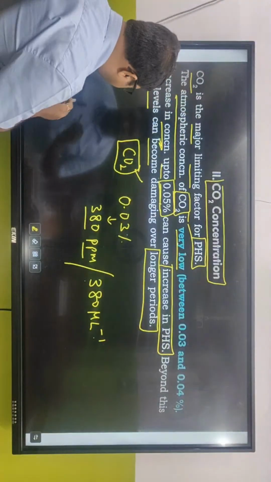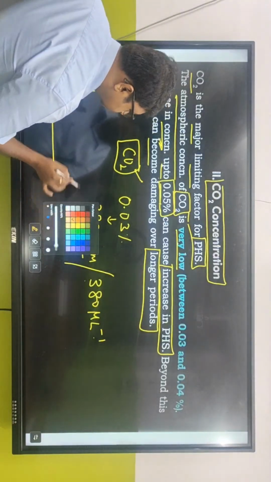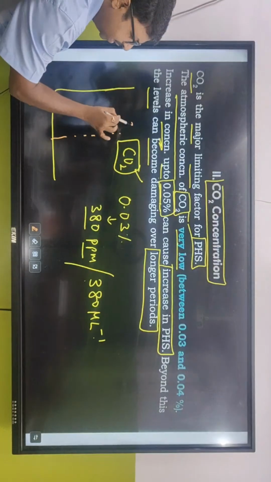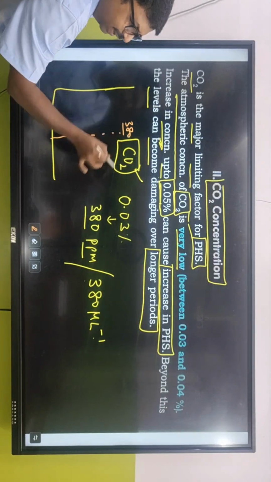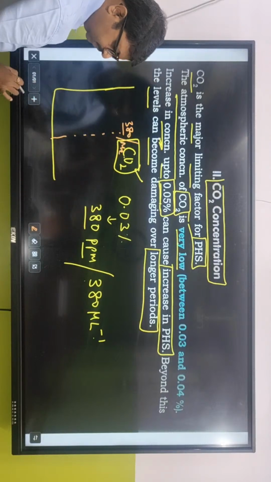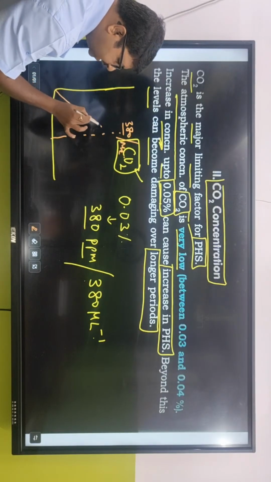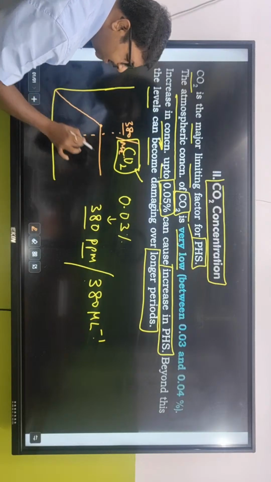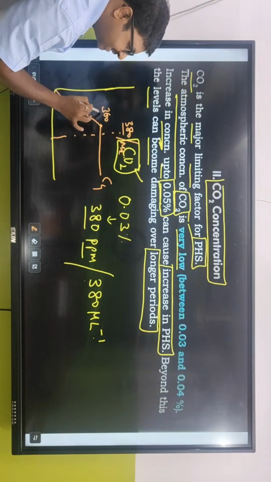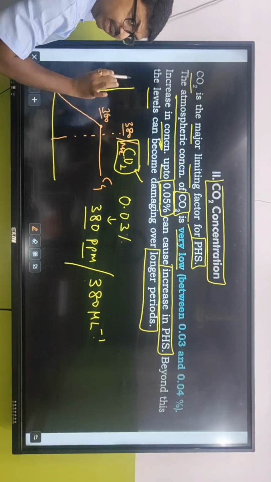I'm going to show you a graph like this. Take a look, the graph may also be here later. Say this is the normal level, 380 ppm or 380 micro per liter. Now in C4 plants, at 360 micro per mole carbon dioxide concentration, it works effectively.